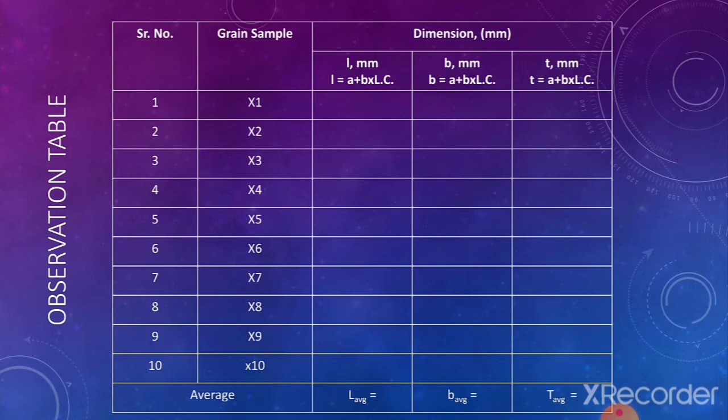We take readings of 10 grains for length, breadth and thickness. Finally we take the average for each dimension, that is L average, B average, T average, in mm. In this way we find the size of a particular grain.